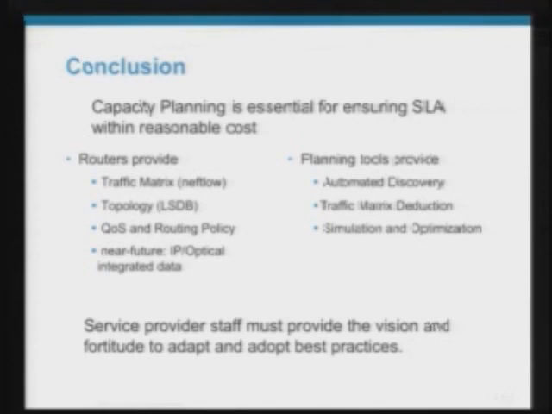Planning tools like us work to automate the discovery, the traffic matrix, doing the simulation and optimization. But one of the things I've really tried to point out here is that it is so much easier to stick to what you have than to try to change anything in a service provider network. It is difficult, and I'm very sympathetic for that.